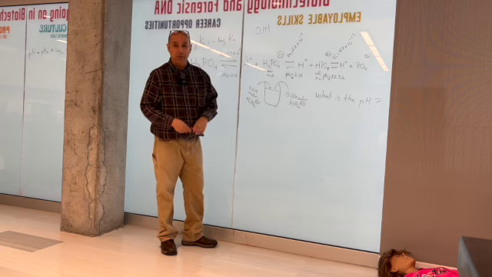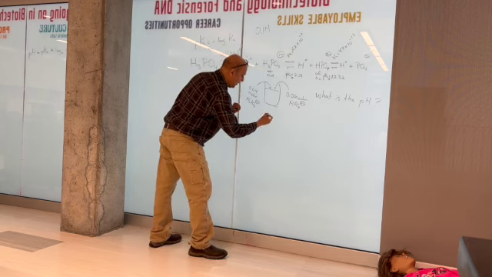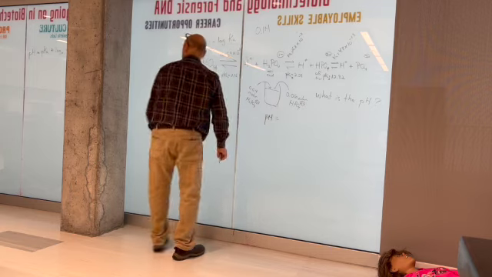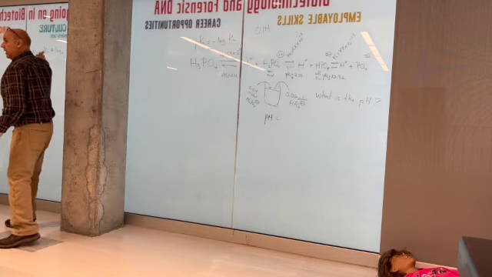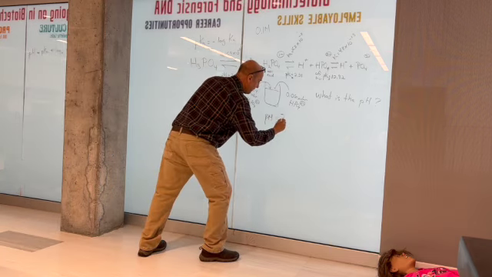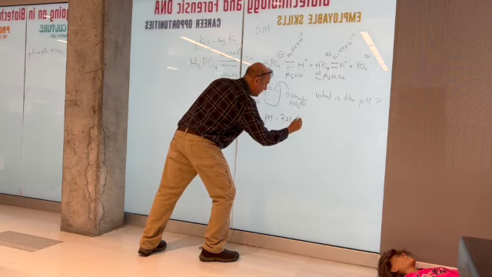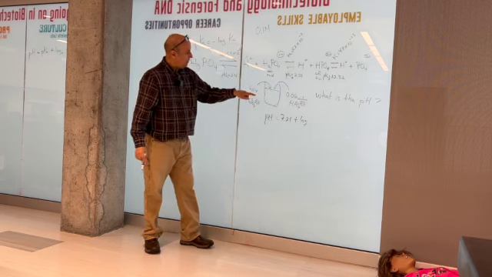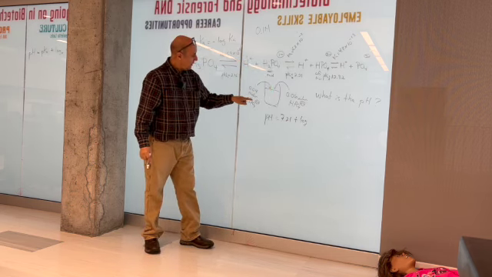But I don't know the pH, so we'll put Henderson-Hasselbalch. pH equals, according to that, the pKa, so 7.21, plus the log of the ratio of the conjugate base to the acid.